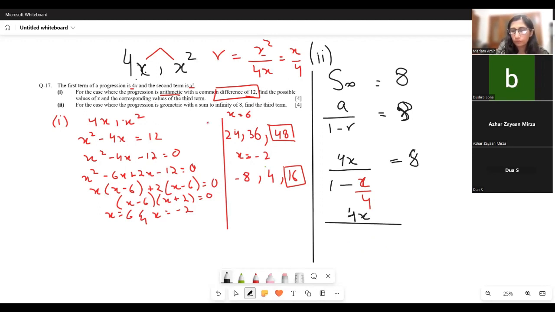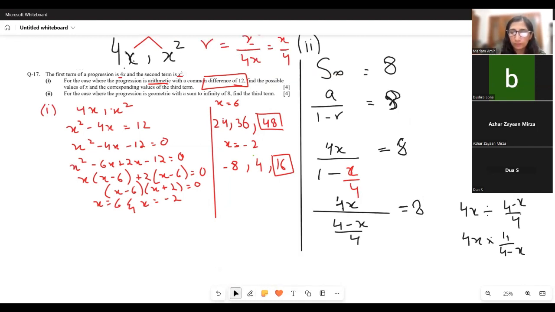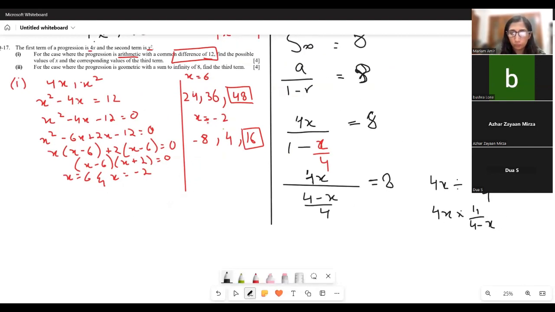Okay, let's see. The LCM is going to be 4 minus x upon 4 equals 8. So if you took the reciprocal, that means you did 4x divided by 4 minus x upon 4. And then you did 4x into 4 upon 4 minus x. So that would be 16x upon 4 minus x.